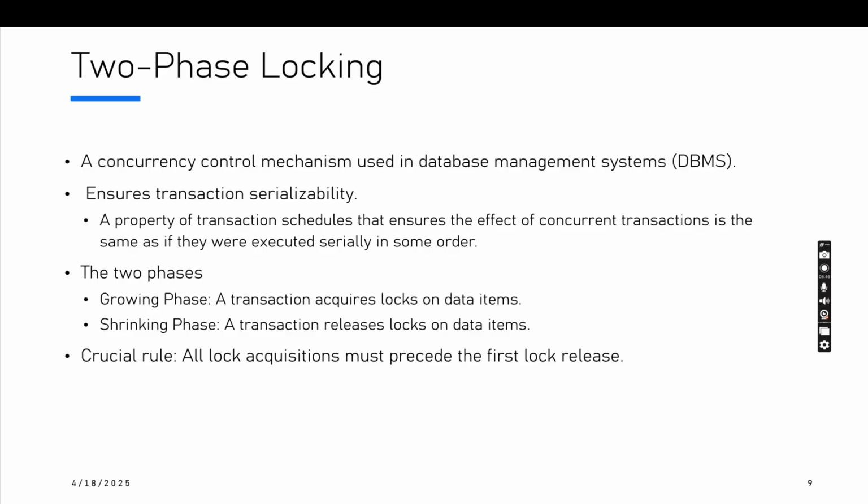Next, I also just briefly wanted to go over two-phase locking. This is another concurrency control mechanism that is more widely used within database management systems. Two-phase locking ensures serializability.